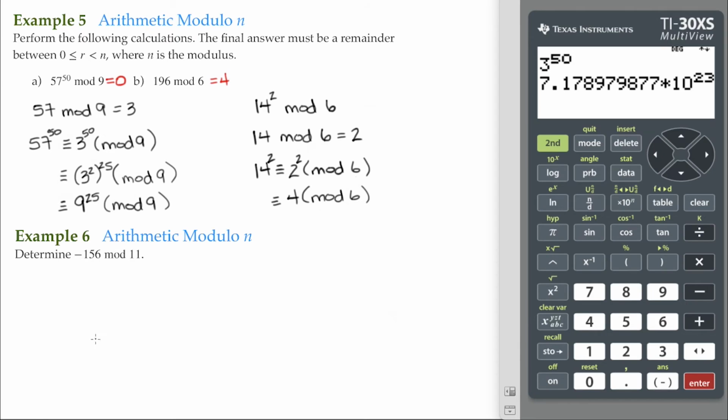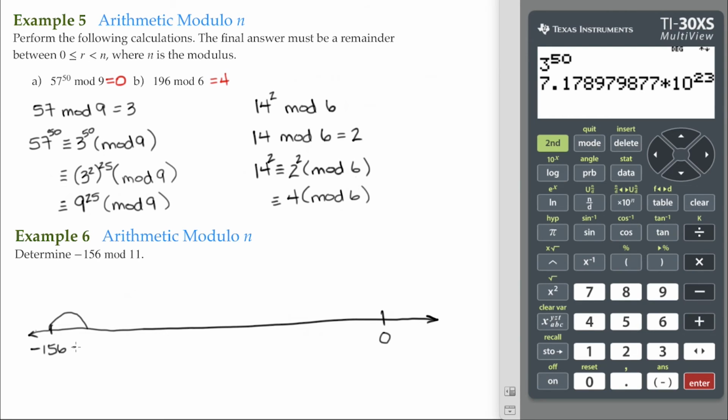I'm going to draw a number line here. And if you can imagine, here's negative 156 way down here. Let's just say here's 0 here. So the idea is 11's going to go in here so many times. So as 11 goes into 156, I wind up coming over 11.